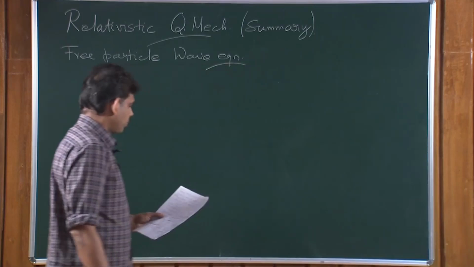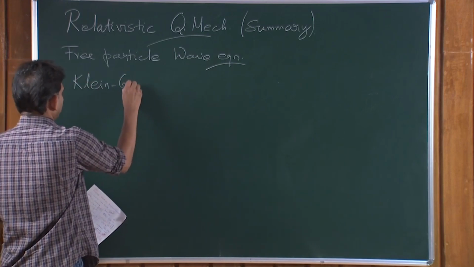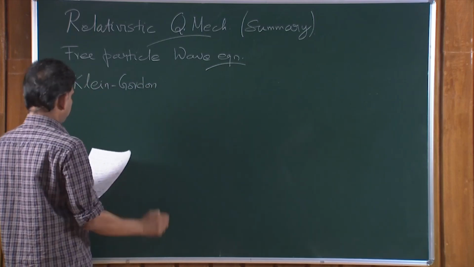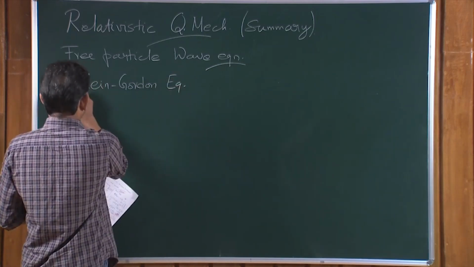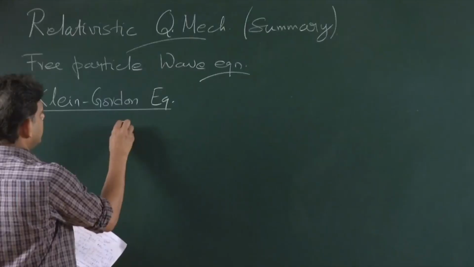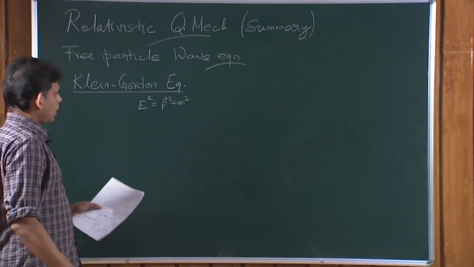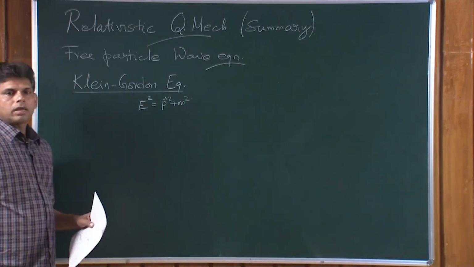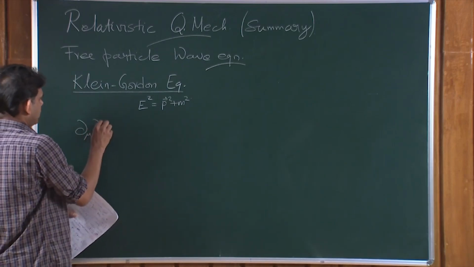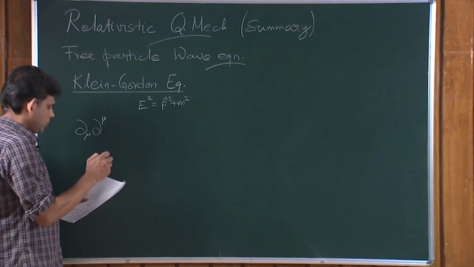So, we had first considered the Klein-Gordon equation, which is coming from considering the relativistic energy momentum relation when looked at from the quantum mechanical operators corresponding to these physical quantities.